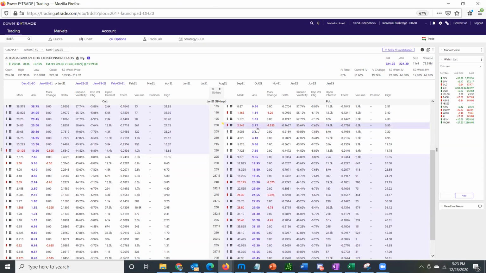I keep that 215 in my account. But if Baba comes down to below 200, then they will assign me the stock at 200. So how much exactly am I paying? 198 something. But even if it goes down to 200, I still like it. If it goes down, I'll buy more.